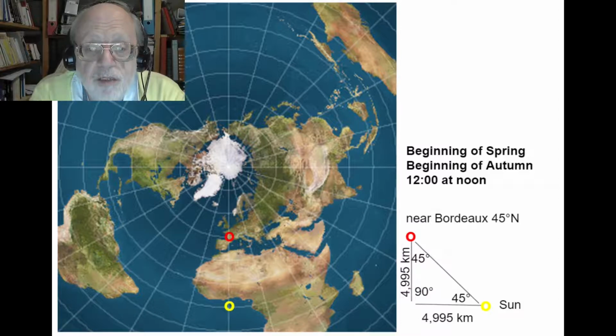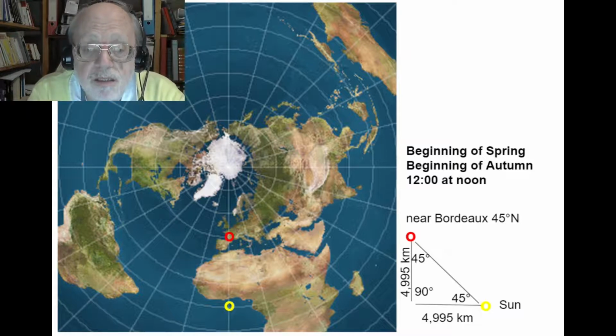The two lines connecting Puy-Normand to the equator and the equator to the sun, which is perpendicular to the equator at the beginning of spring and autumn, form an angle of 90 degrees. Because in planar trigonometry the sum of the angles in a triangle must be 180 degrees, it follows that the other two angles of the triangle spanned by the sun, the equator and the observer in Puy-Normand, both at the sun and the observer, must be the same 45 degrees.